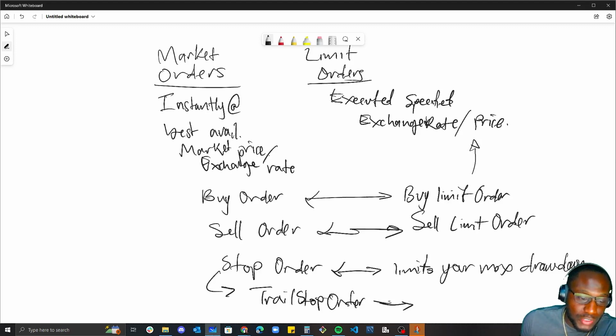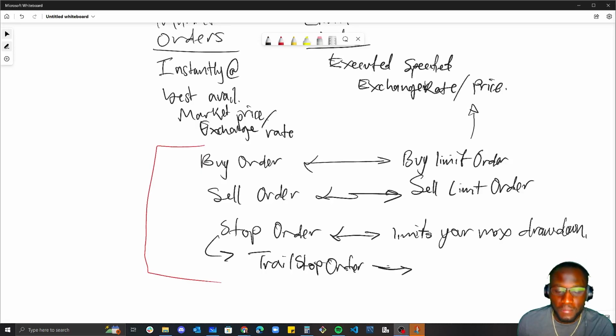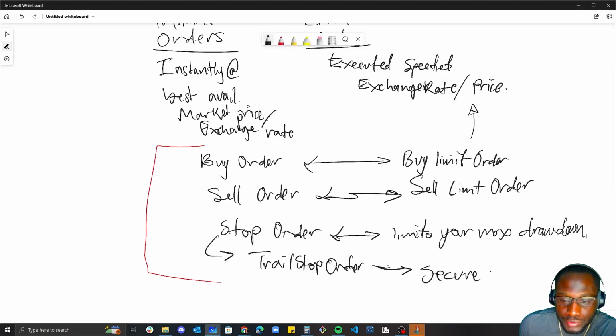When it comes to trailing stops and stop orders, when you use these orders, you're giving yourself more of an opportunity to make more money. So a trailing stop is basically a stop loss order that also limits your maximum drawdown and also secures profit.